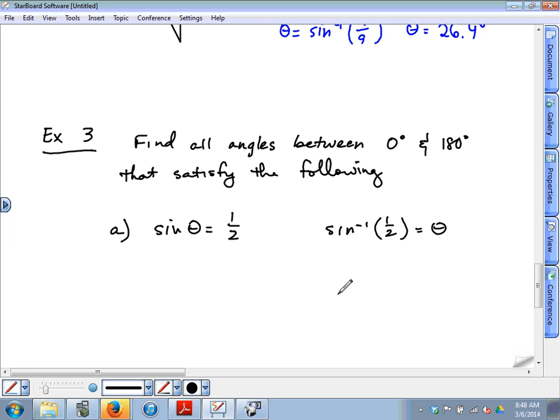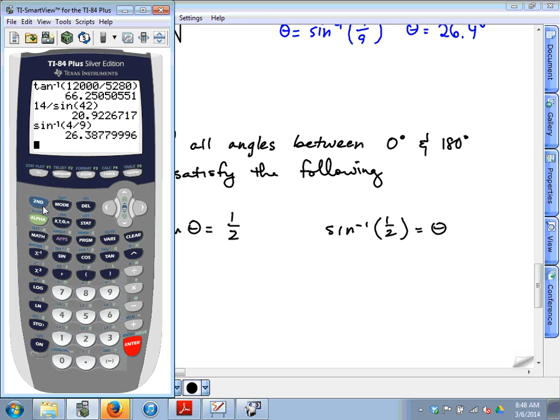Now, since they want the angles to be between 0 degrees and 180 degrees, we can leave this answer in degrees. It doesn't have to be in radians. So, on your calculator, inverse sine 0.5. 30 degrees.